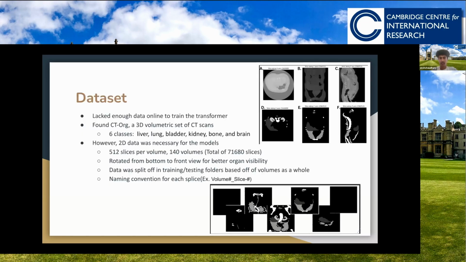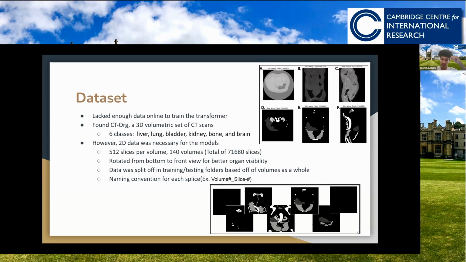For our data set, we wanted to find one that had CT scans available for us. The problem was that there wasn't much of the data we were looking for online, but we did come across one data set. However, it was a 3D volumetric set of CT scans, which consisted of six classes: liver, lung, bladder, kidney, bone, and brain.